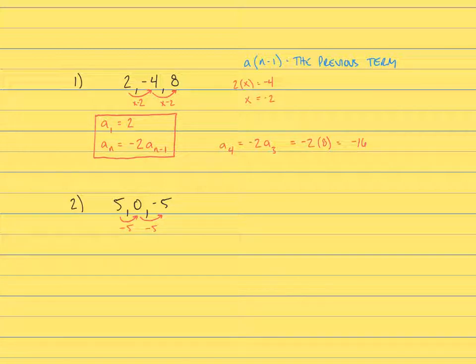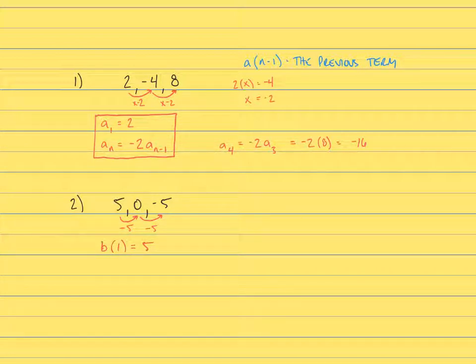Okay. So if I am just subtracting 5 every time, I'm going to start off with, let's call this b. So b of n, we'll use function notation this time just to change it up. b of 1 is 5, because this is the first part of our recursive definition.